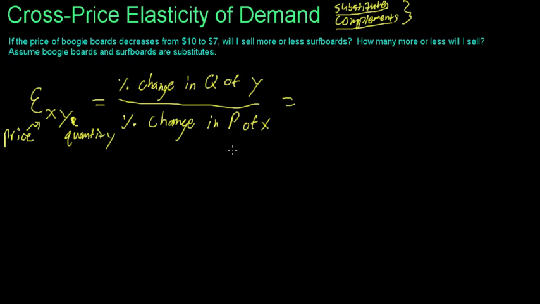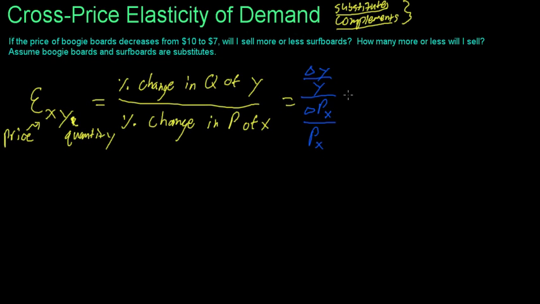Now I just want to write out some other ways to express this exact same idea. You can write the percentage change in the quantity of y as the change in y over the old y, divided by the percentage change in the price of x, which you can write as the change, using delta, the triangle, in the price of x over the original price of x.